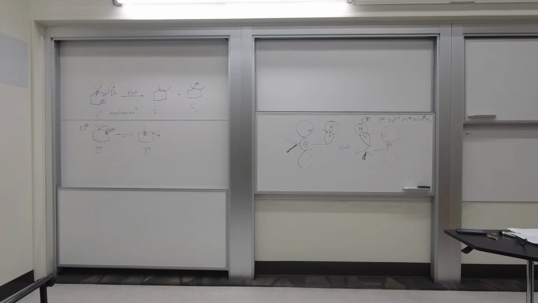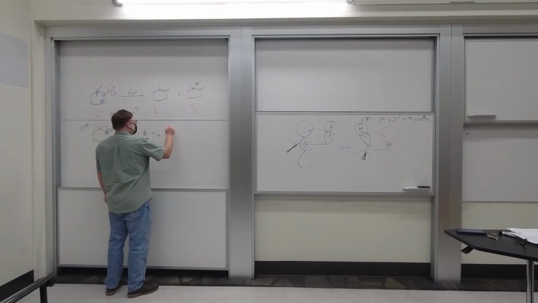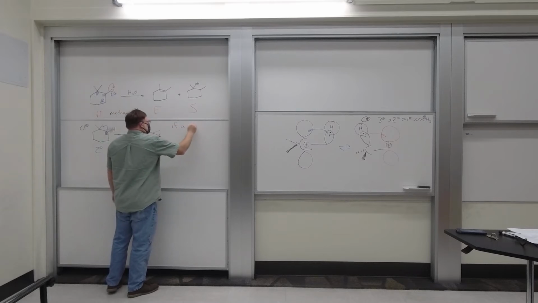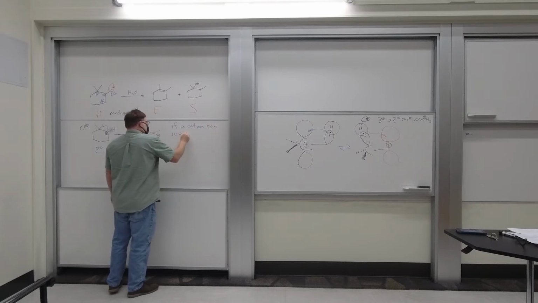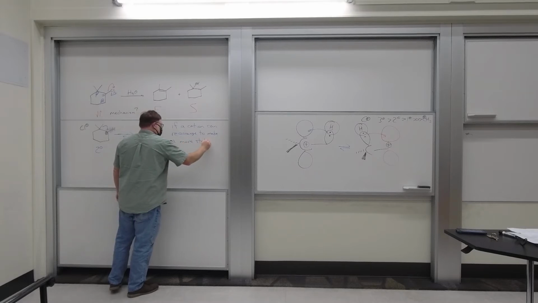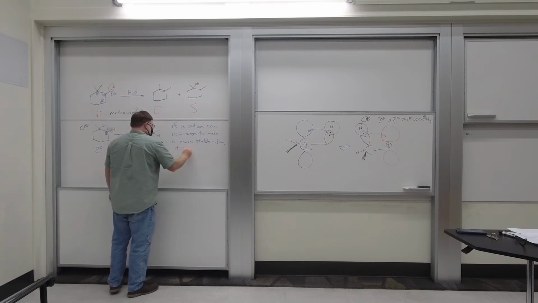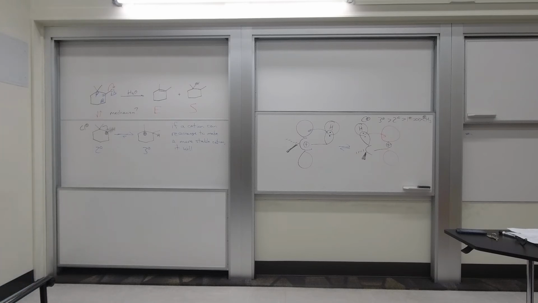So two general rules. The first one first. How's that? Like I said, actually predicting this, there's a whole lot of variables.